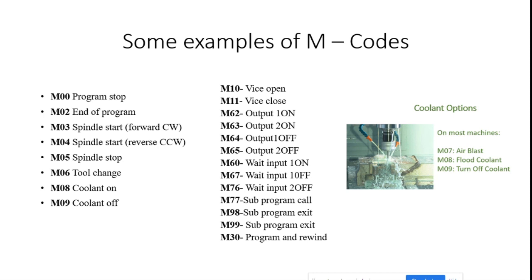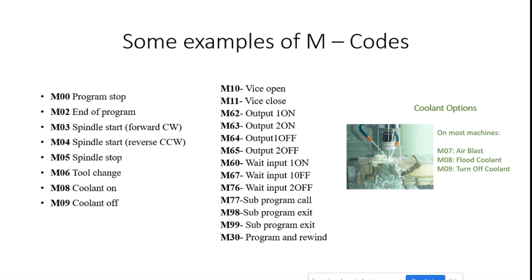But how can I change the tool in the command block, I mean the part programming block? I can utilize the M06 command for tool change. So M06 is always utilized for a tool change.